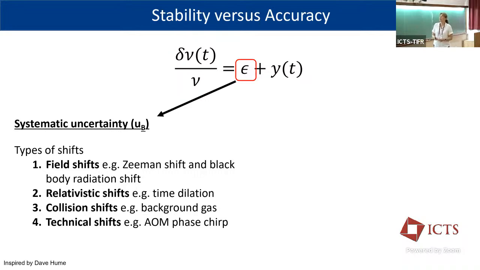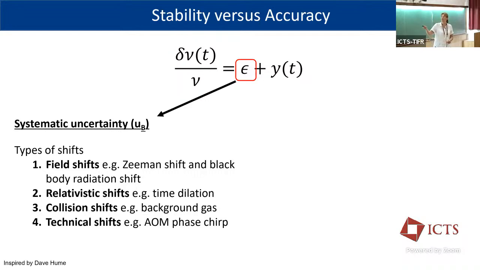And can you imagine which one of these shifts are just constant in scale? So basically, if you have a shift which is independent of the frequency that you're using, does anybody have an idea which one of these shifts would fall under this category? 1, 2, 3, or 4? I'm open for suggestions.